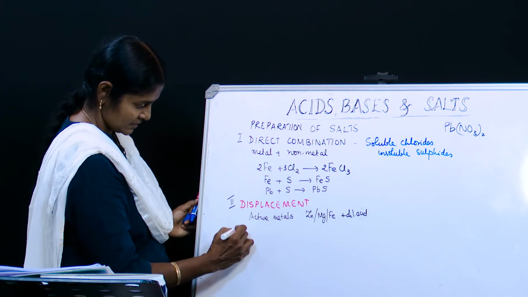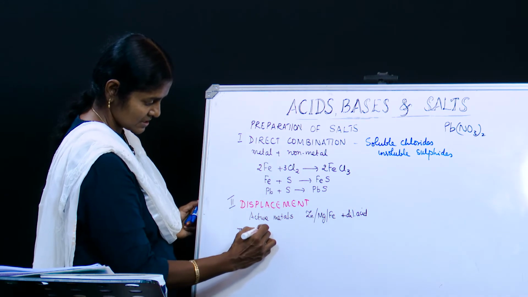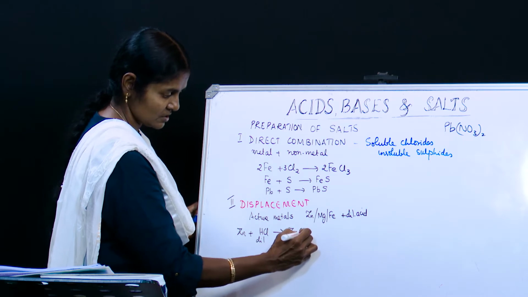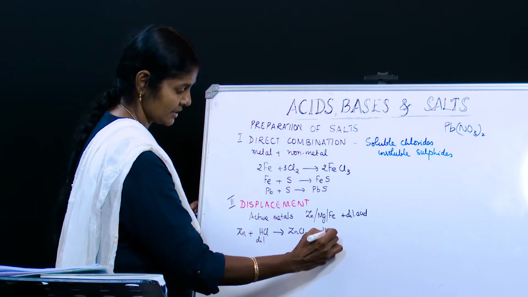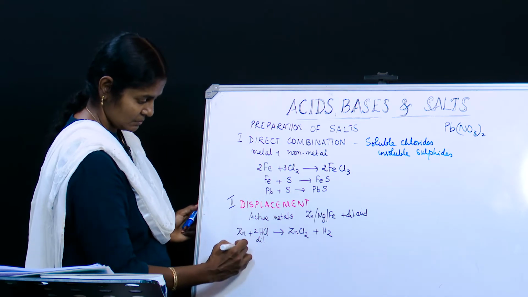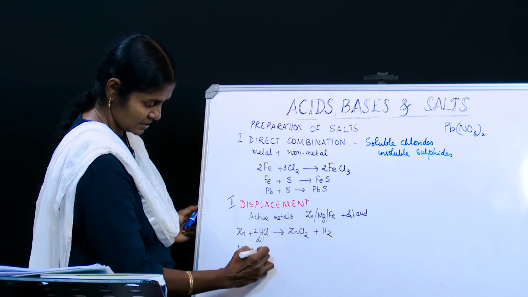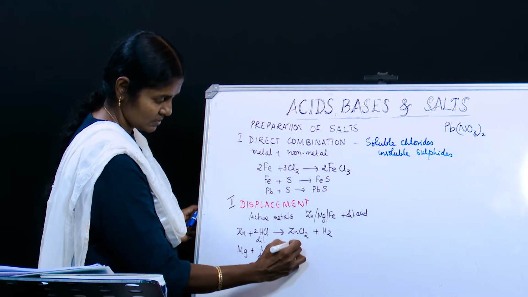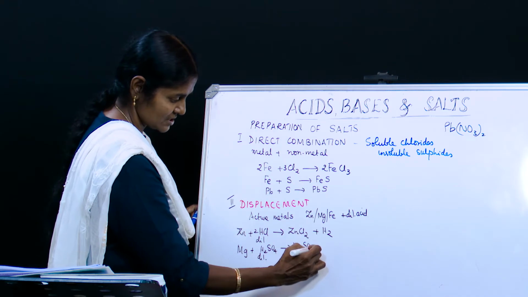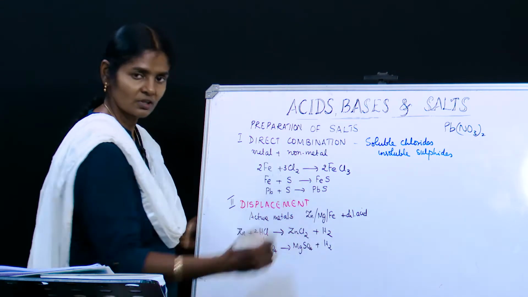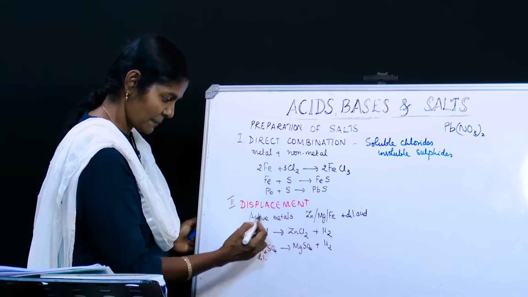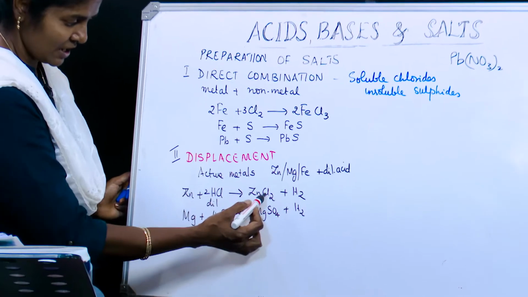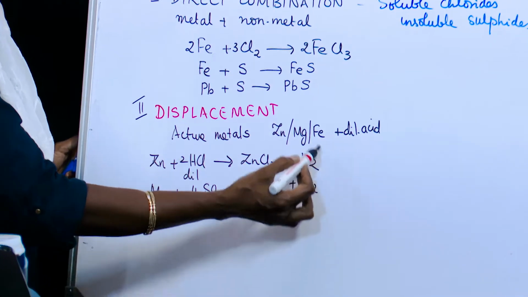For example, zinc plus dilute HCl gives zinc chloride plus hydrogen. Magnesium can combine with dilute sulfuric acid to give magnesium sulfate and hydrogen. What's the displacement happening? It displaces the hydrogen ion and then you get hydrogen that's being liberated.